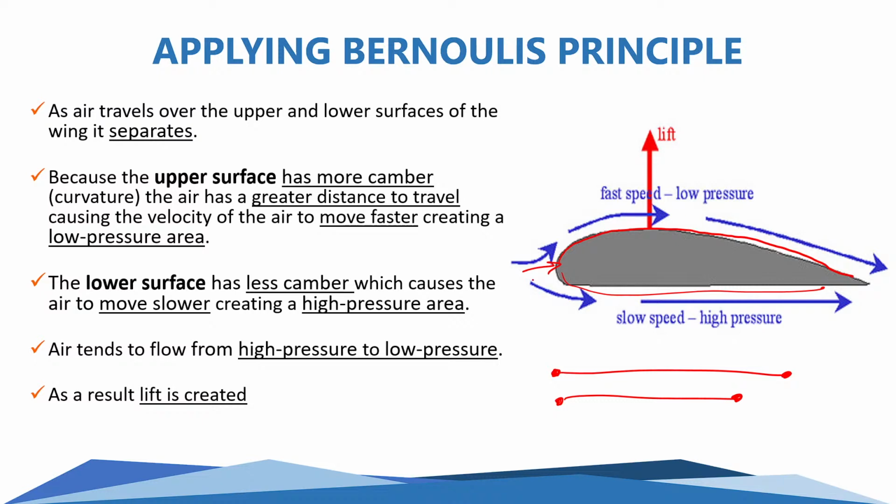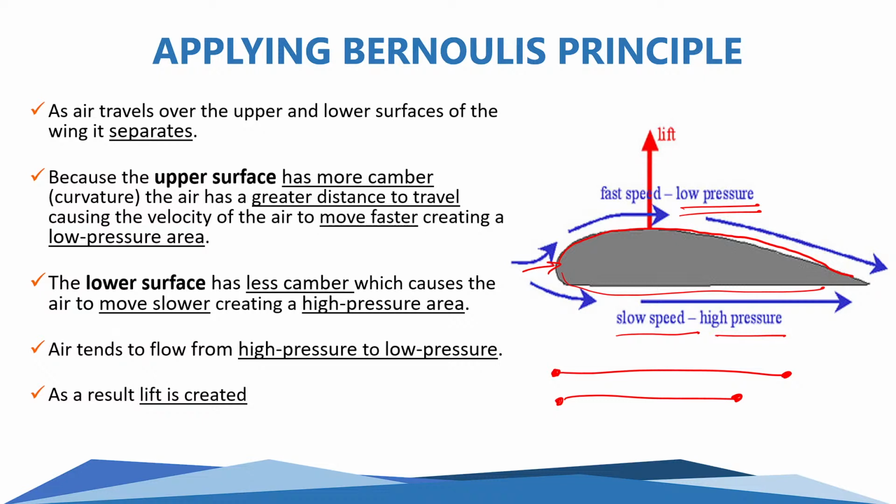Now, because of this, on the upper portion of the wing the air is actually going to speed up. And because it speeds up, it gives us that low pressure. On the bottom portion of the wing, it is a slower speed, and it gives us that higher pressure. Okay, so because of that low pressure on top and high pressure on the bottom, air naturally wants to equalize.